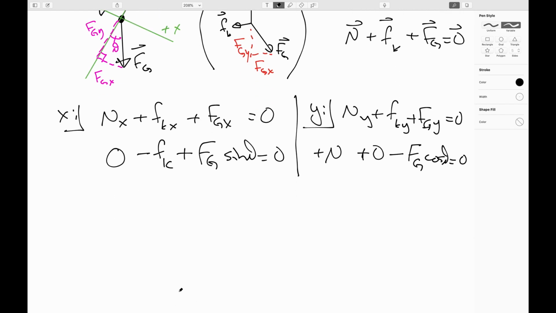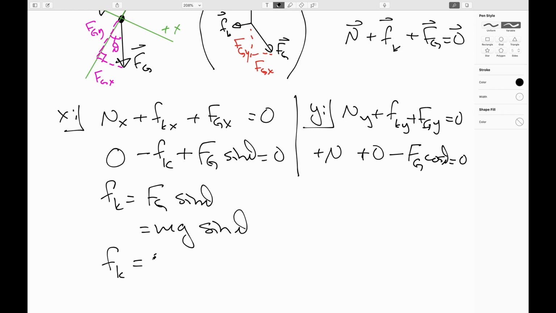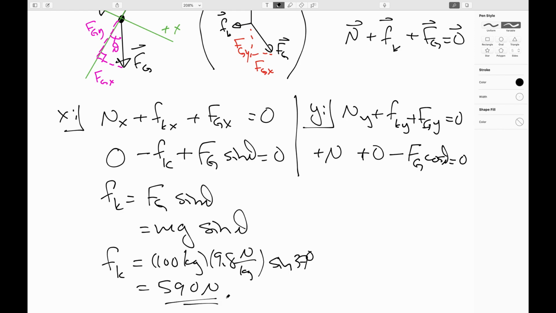Over here, this one's going to give me fk equals fg sine theta, and the force of gravity is mg, so we have mg sine theta. For our skier, this will be 100 kilograms, 9.8 newtons per kilogram, sine of 37 degrees. That works out to be 590 newtons.